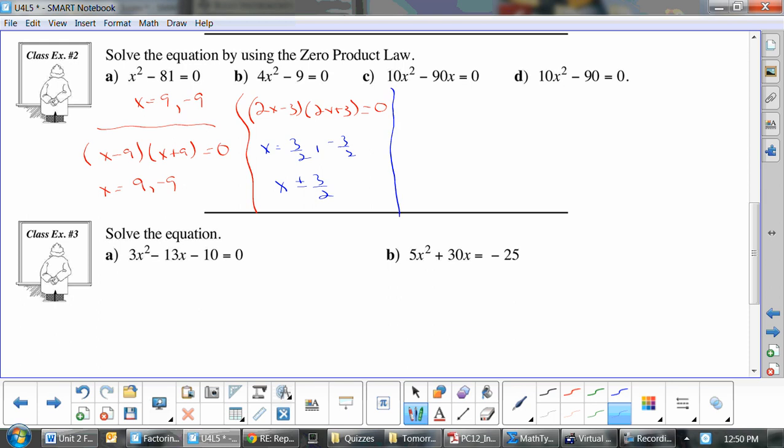Okay, C. Good boy. What did you take out? Okay, what's inside? X minus 9 equals 0. So what can x equal? Left or right, you guys? The first one would be? No, not 10. 0.